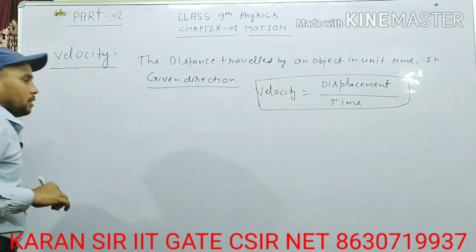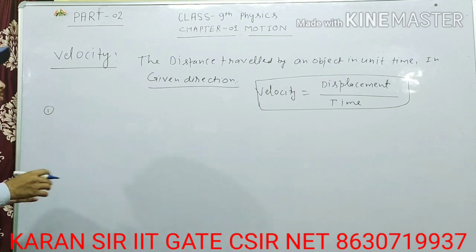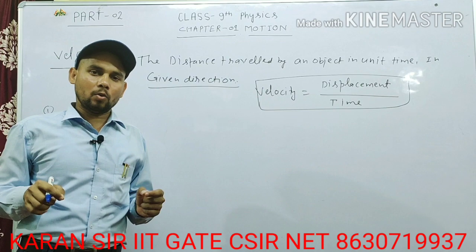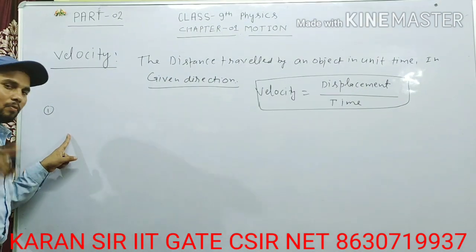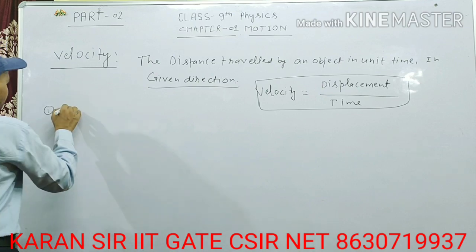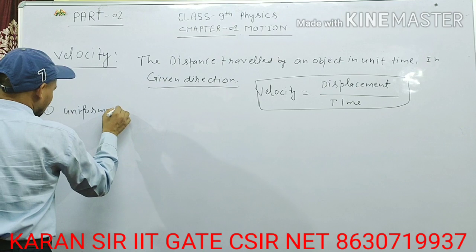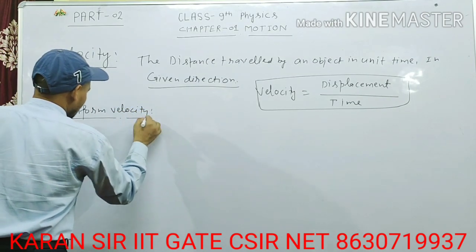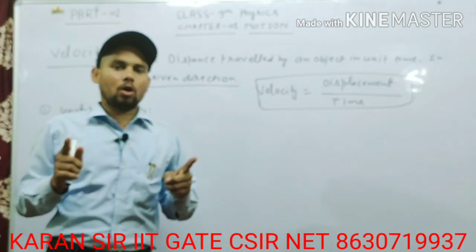And now we discuss the types of velocity. Similarly, as we discussed the types of motion, uniform and non-uniform motion, types of speed, uniform speed, non-uniform speed, similarly the types of velocity, uniform velocity and the non-uniform velocity. So what is the uniform velocity? Uniform velocity means if an object covers equal displacement in equal interval of time.